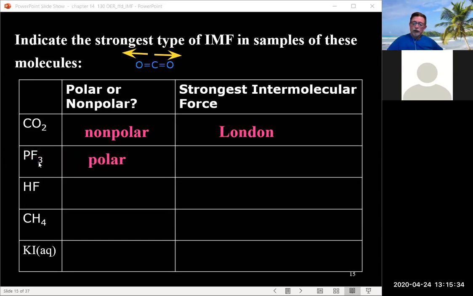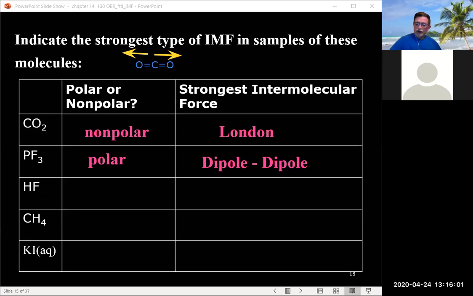Now the question is, obviously it's not London forces as far as IMF, and it can't be hydrogen bridging because there's no hydrogen involved here. Second of all, it's neither nitrogen nor oxygen. Okay, it is fluorine, but there's no hydrogen. So the only thing left is dipole forces for that molecule.